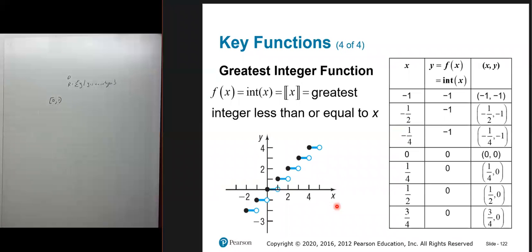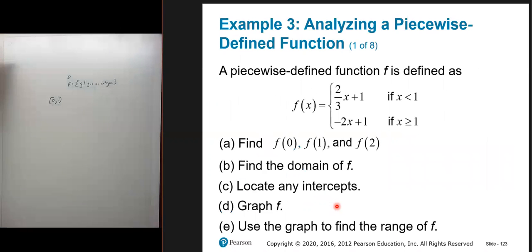You can put any real number in, whether it's an irrational number or a rational number, a whole number or a negative whole number, you're going to get integers back. So the integers are the y values. That's interesting. Okay. Now we're going to start talking about piecewise.